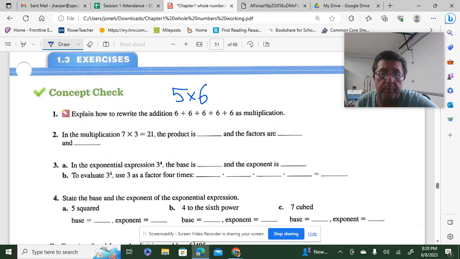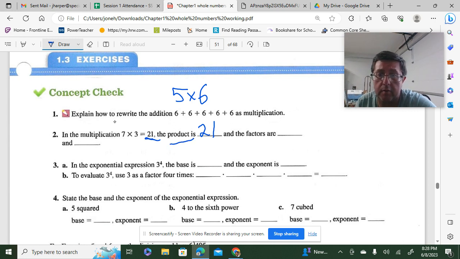Number 2, in the multiplication, 7 times 3 equals 21. The product is the number that you get from multiplying, which is 21. Remember, product.